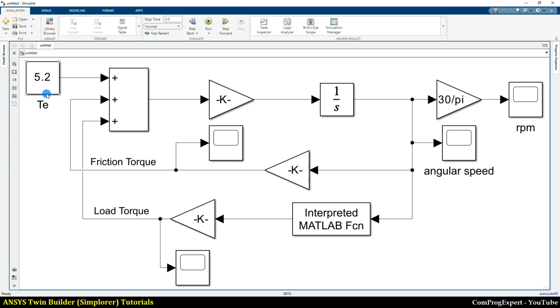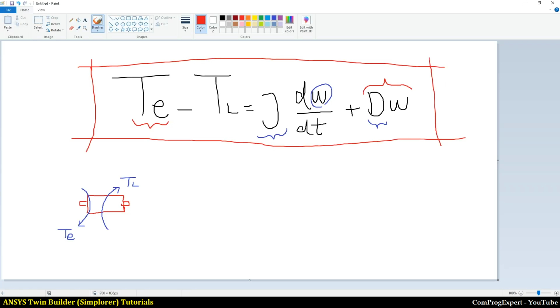So the electric torque is 5.2, and the moment of inertia is 0.0017 kgm2, and we have the friction coefficient, and the load torque is a function of the rotor speed.